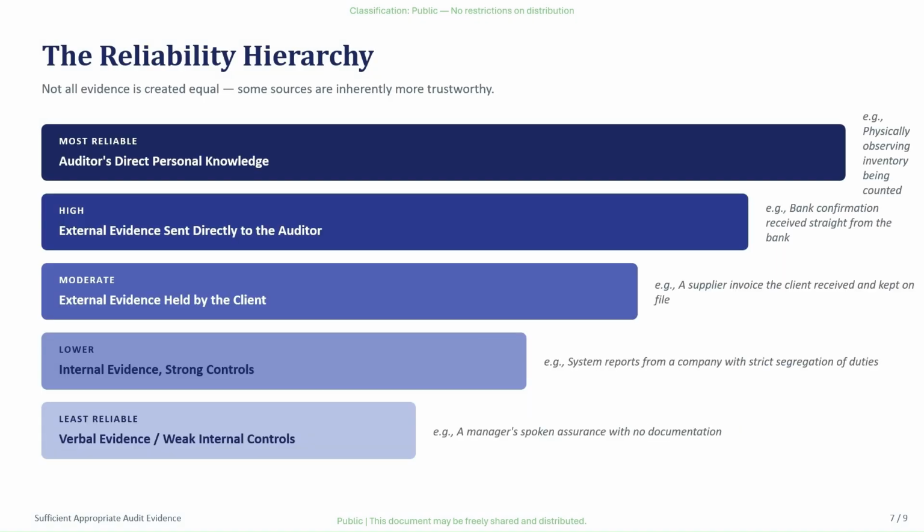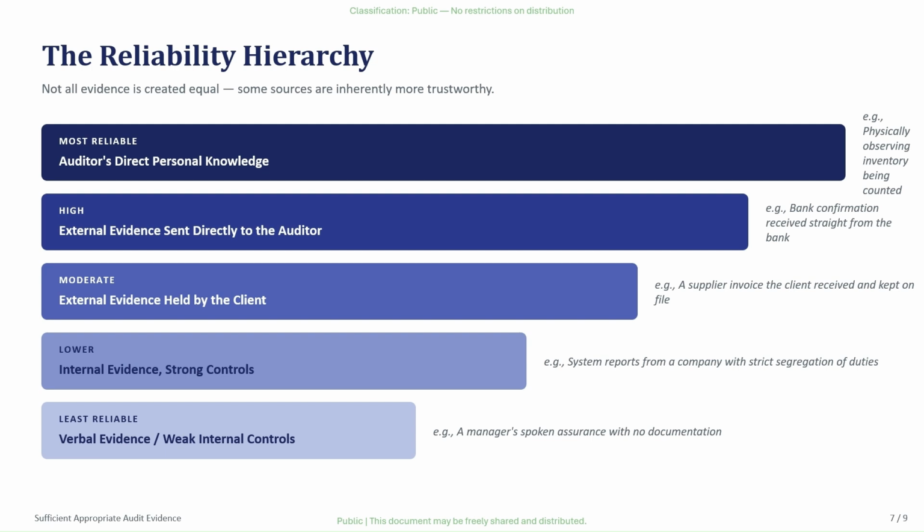Let's check out this hierarchy. At the top, the most reliable evidence is the auditor's own direct personal knowledge, for example, physically watching inventory being counted. Just below that is external evidence that comes straight to the auditor, like a bank confirmation. Then external evidence the client has on hand, like a supplier invoice.